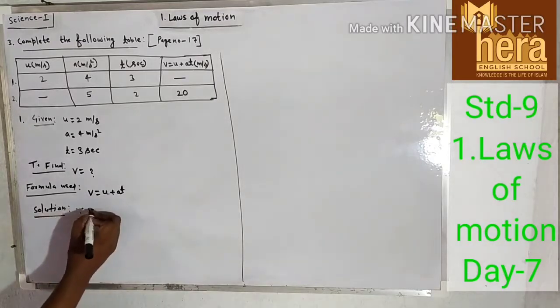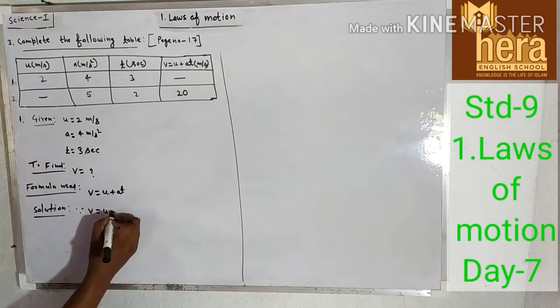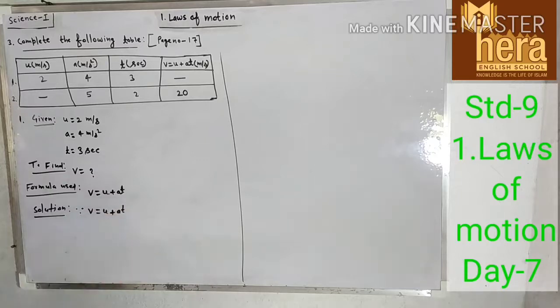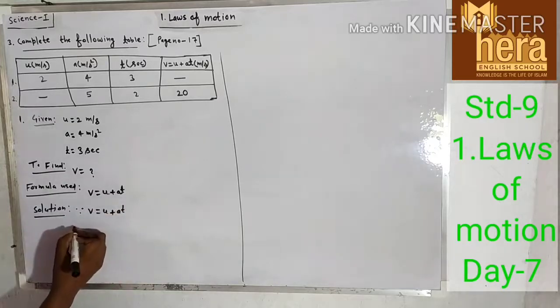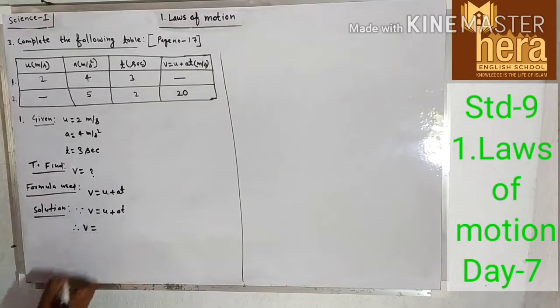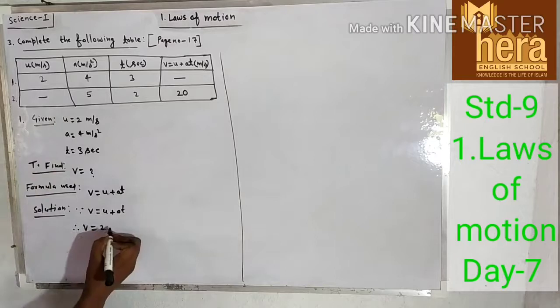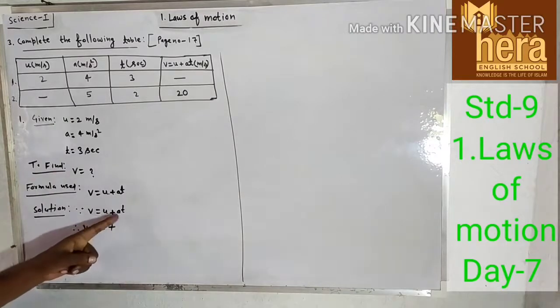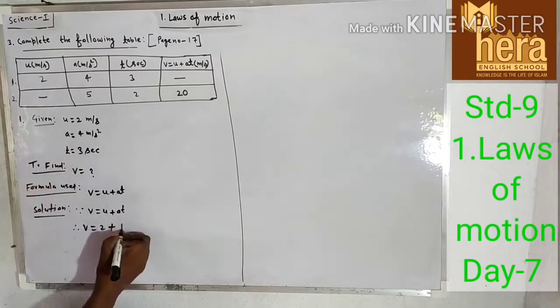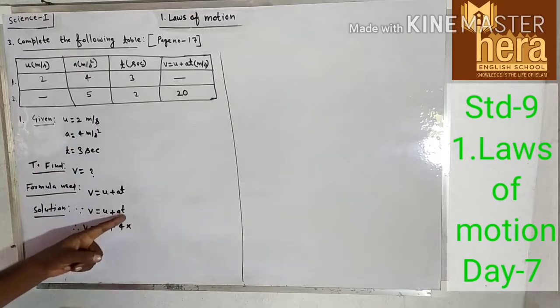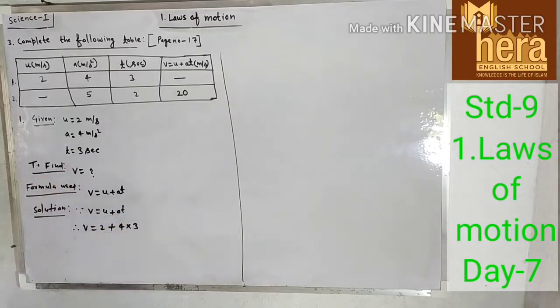Since V is equal to U plus AT, therefore V is equal to, U is equal to how much? U is equal to 2 plus A is equal to 4 into T is 3.